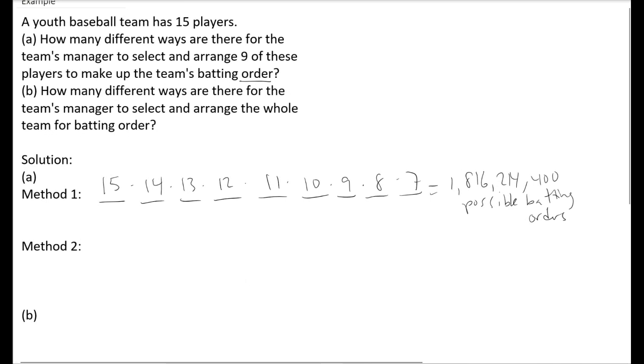All right, so method 2, we want to use the permutation. So in this case, we want the permutation of 15 players taken 9 at a time. So using the same idea, 15 players, you're choosing 9 of them. So in this case, we have 15 factorial over 15 minus 9 factorial.